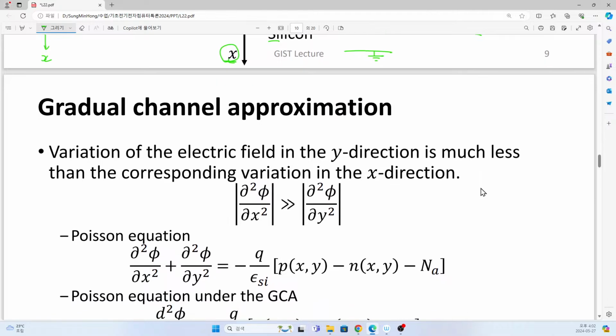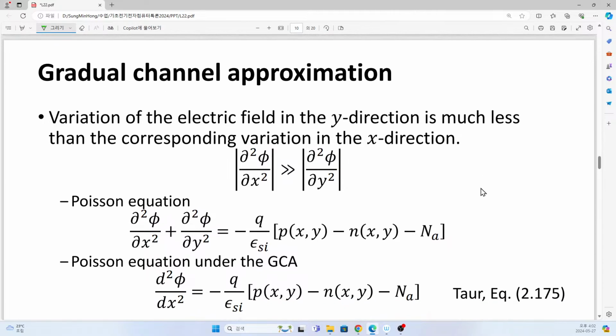First we start from the gradual channel approximation. What is it? This approximation assumes that the variation of the electric field in the y direction is small. What is the electric field in the y direction? Of course, this is given this way. But I'm not talking about the y-directional electric field itself.